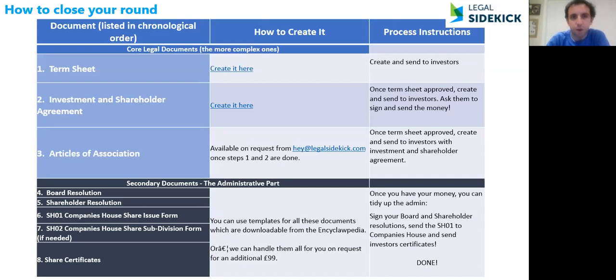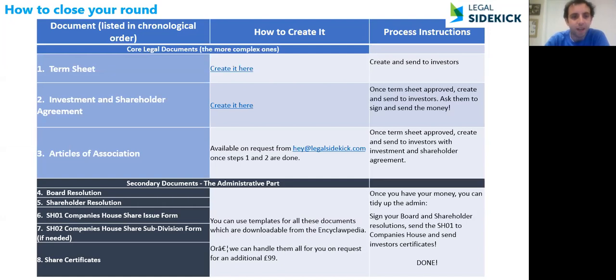And this workshop, hopefully, I'm going to be able to help you understand what those key points are a bit better. So when you send point 2, this investment and shareholders agreement across, hopefully they sign it. You send them an email with the document, you say, please sign it and please send the money, and that's basically that. And then you'll have the money in your account.